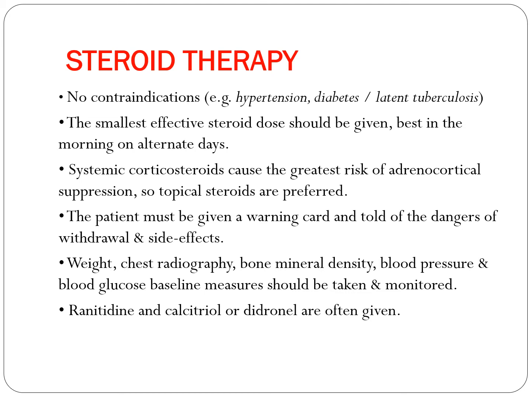Systemic steroid causes the greatest risk of adrenocortical suppression, so topical steroids can be preferred. The patient should be warned of the dangers of withdrawal and side effects. Weight, chest radiography or bone mineral density, blood pressure and blood glucose baseline measurements should be taken and monitored. And if the patient has a peptic ulcer, this problem will be there. Otherwise, there is a high chance of ulcer because severe gastritis will be there.